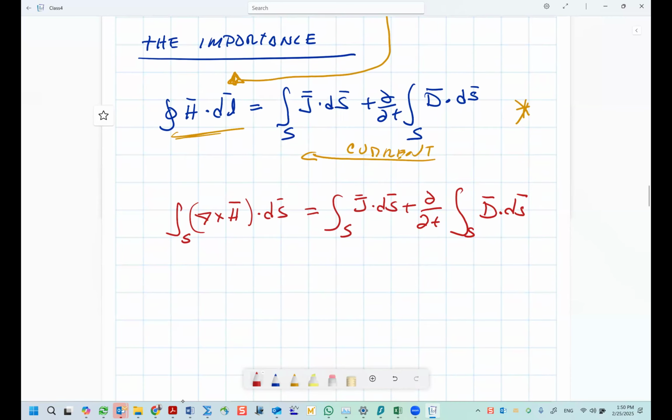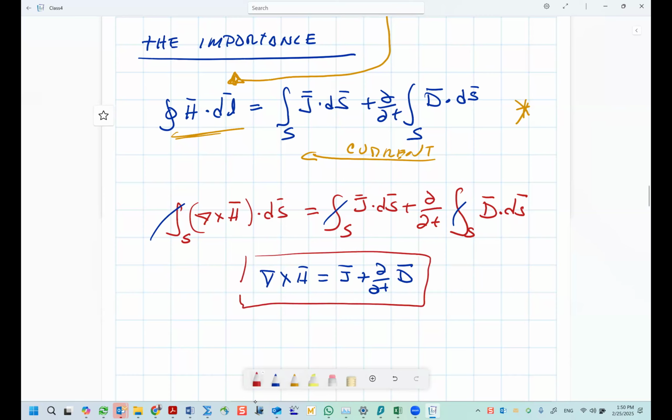So I can simply eliminate the surface integrals, and I derive that the curl of H equals J plus the time derivative of D. And the value of this equation is that this equation is solvable.